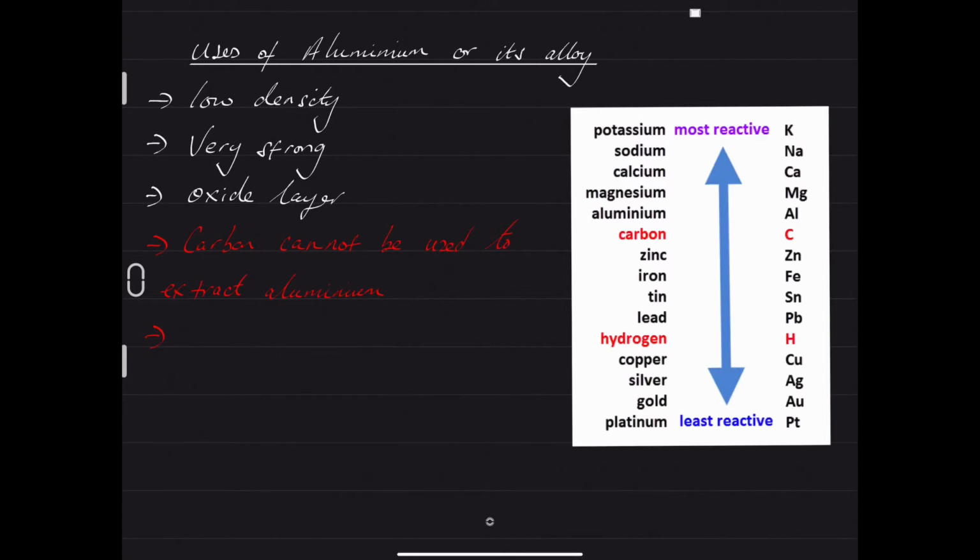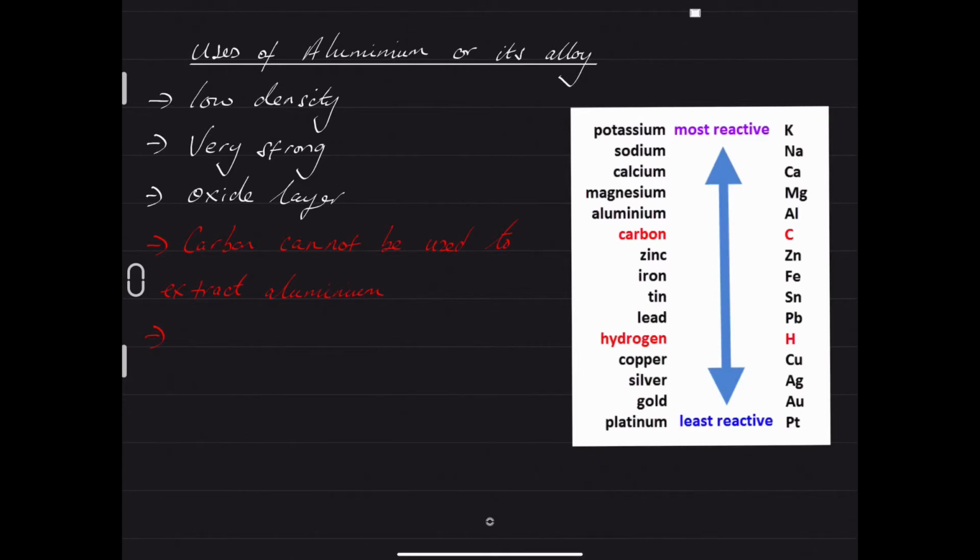Instead, we mine the raw metal ore, bauxite, from the ground, and then we purify it into aluminium oxide. So aluminium oxide is removed from the bauxite, and this aluminium oxide is broken down via electrolysis, and we separate out the pure aluminium metal.